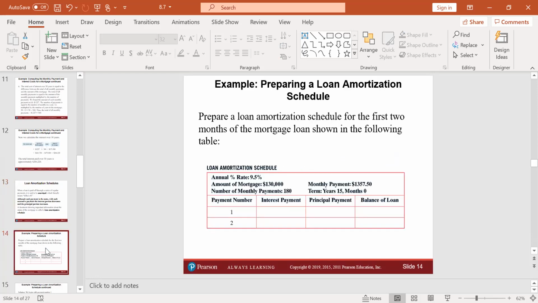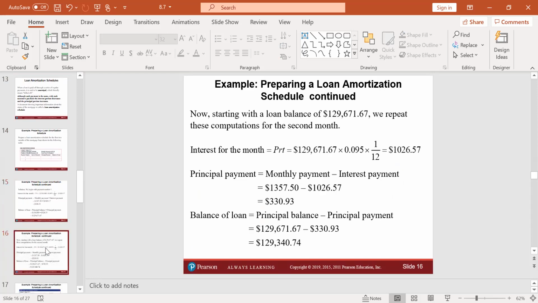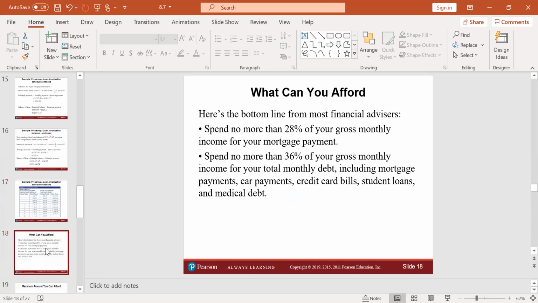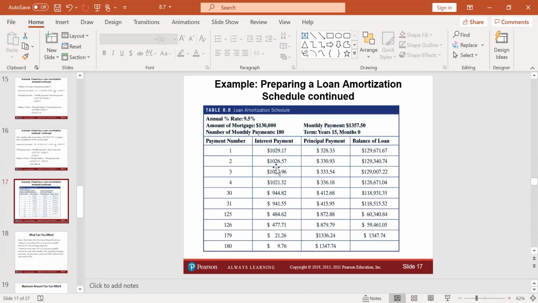Loan amortization schedules, I'm not going to worry too horribly much about that. It's nice because what it tells you, so let's say you got a $130,000 house, you got a 9.5% interest rate, you're doing a 15-year mortgage instead of a 30. Your monthly payment will be $1,357.50.